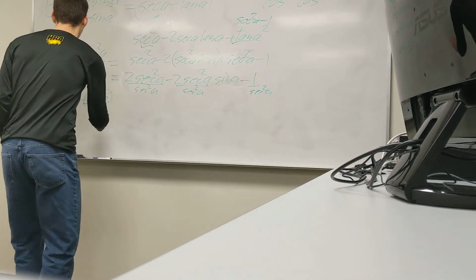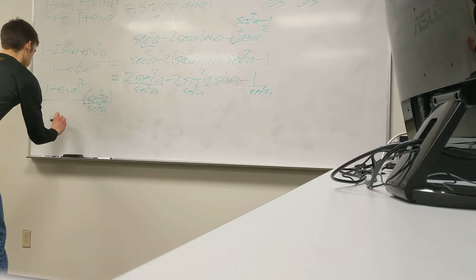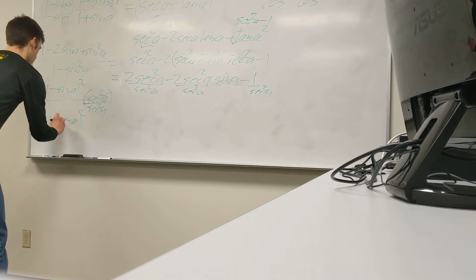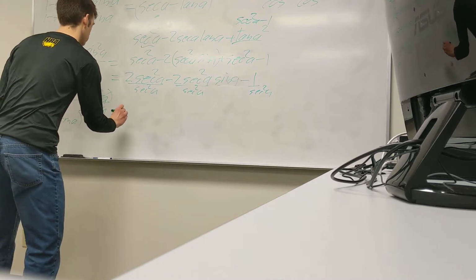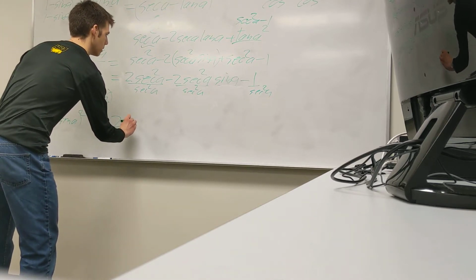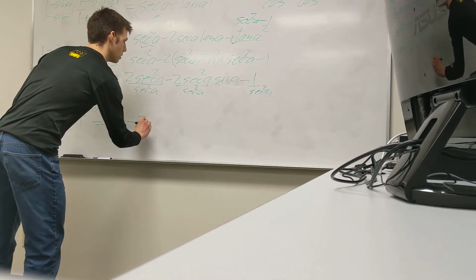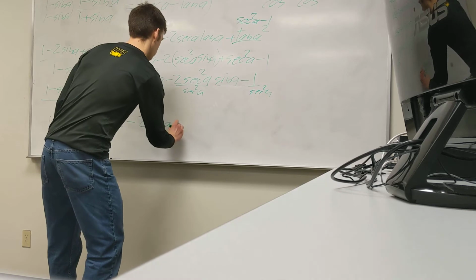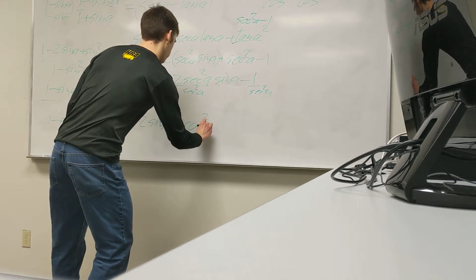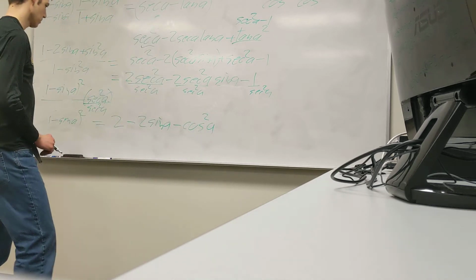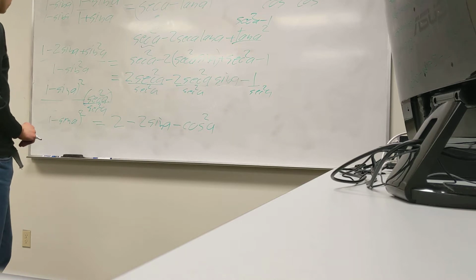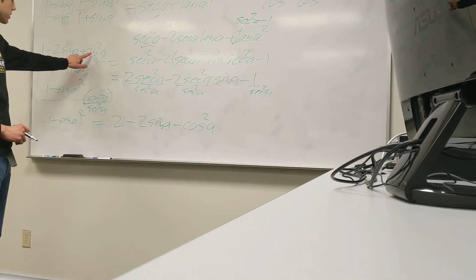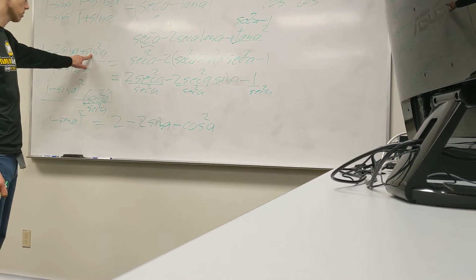I'd be left with 1 minus sine of A squared equals 2 minus 2 sine of A minus, is that cosine squared A? And on the left side, I'm going to have 1 minus 2 sine A plus sine squared A.